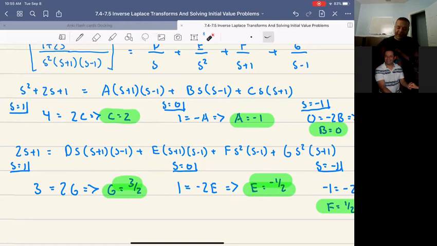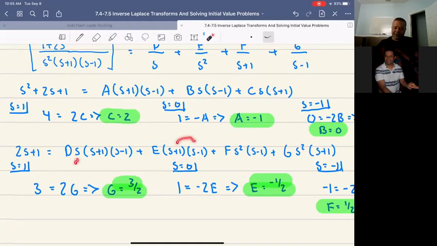So let's take a look at each one. The s term, it took me a while to see it. It's not like I just knew, I just had to see. I had to see that this was going to have no s term, this was going to have no s term, and more interestingly, this was going to have no s term either, because this is going to be s squared minus 1.